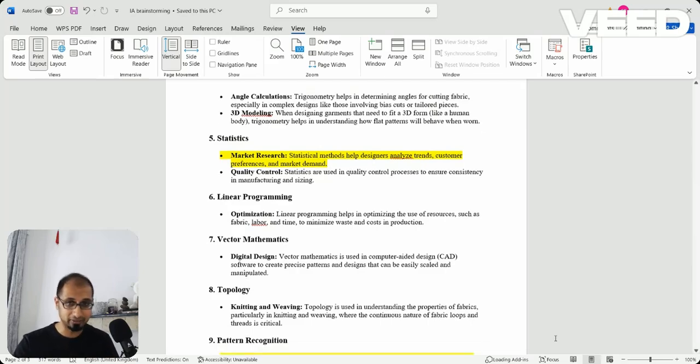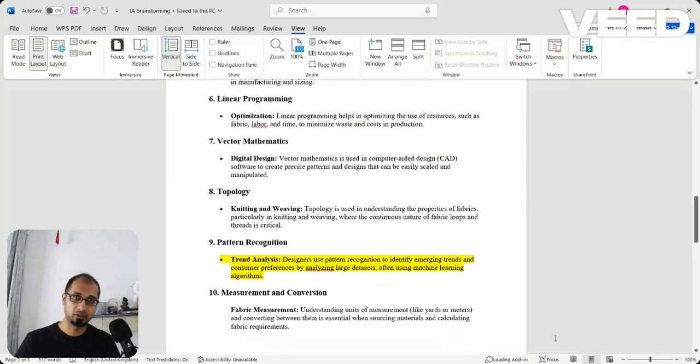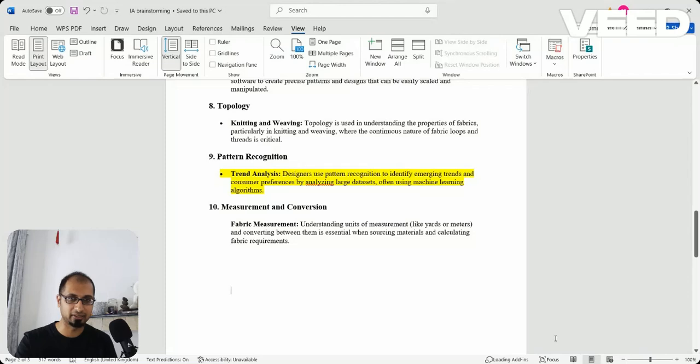We highlighted that too, and then you will see there are further things. For example, vector mathematics for digital design. If the person is interested in design and in using CAD, then that would be of interest. But in this case, the third topic of interest was trend analysis. So designers using pattern recognition to identify emerging trends and customer preferences by analyzing large data sets.